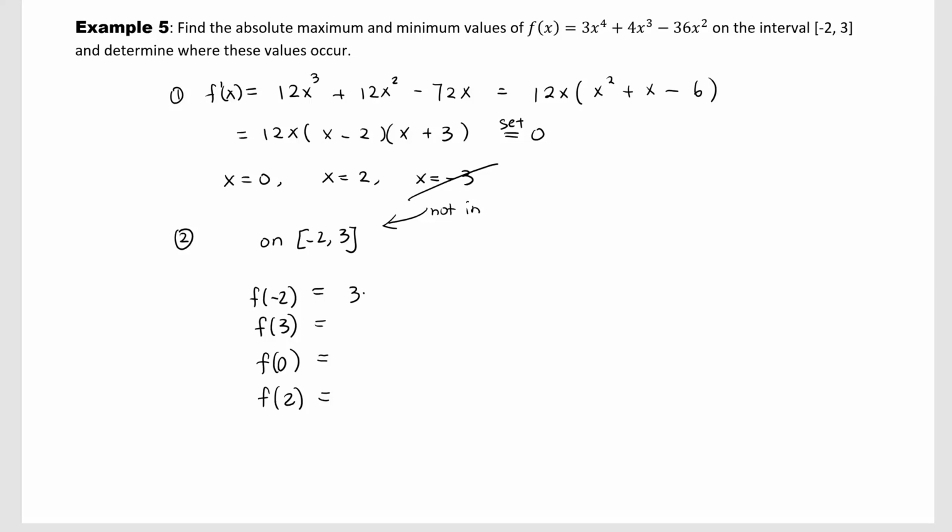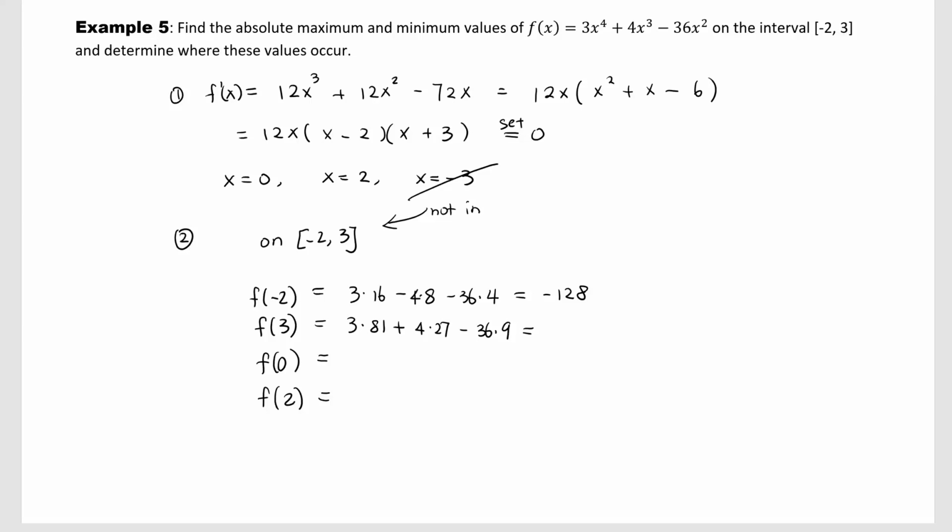For -2: -2 to the 4th is 16, -2 cubed is -8, -2 squared is 4. Put this in your calculator. You get -128. When we plug in 3: 3 to the 4th is 81, 3 cubed is 27, 3 squared is 9.